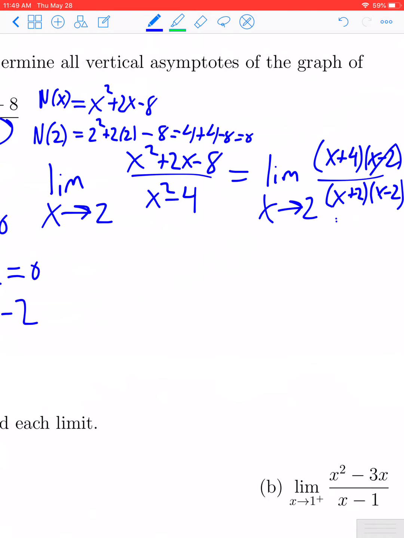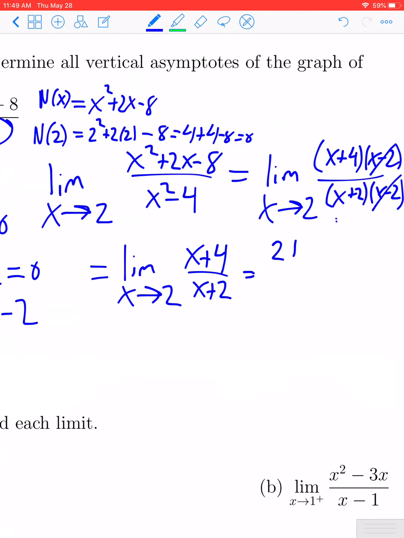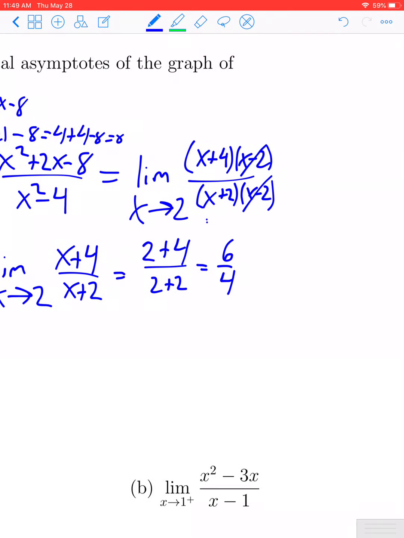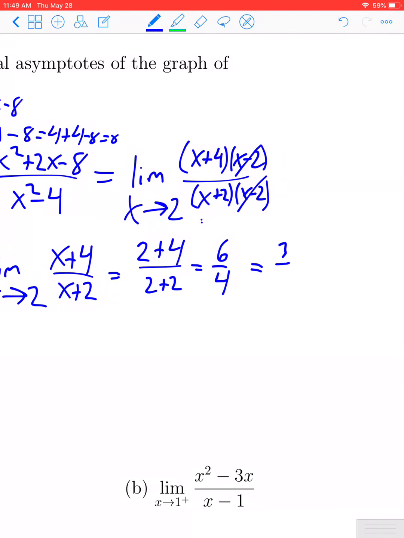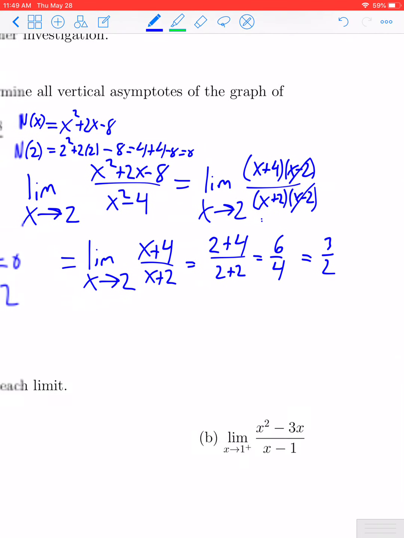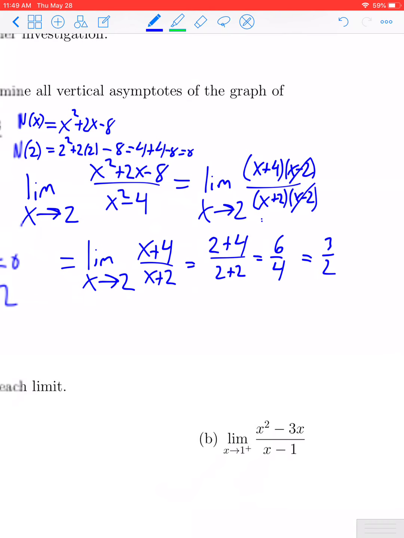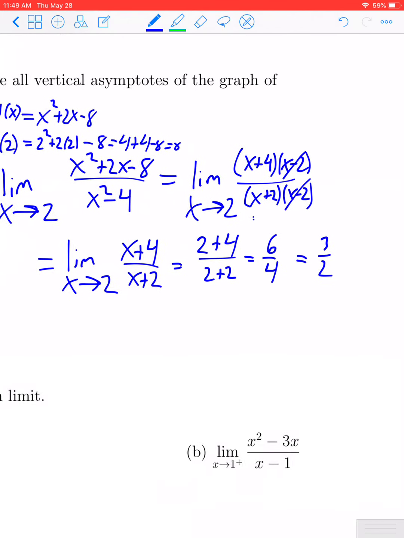Notice that the x minus 2's cancel, and we have the limit as x approaches 2 of x plus 4 over x plus 2, which would be 2 plus 4 over 2 plus 2, which is 6/4, or it simplifies to 3/2. So this function actually has a limit at x equals 2.